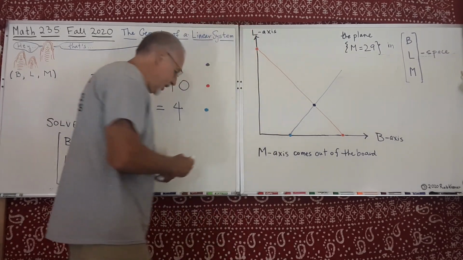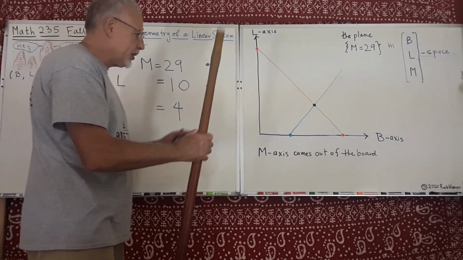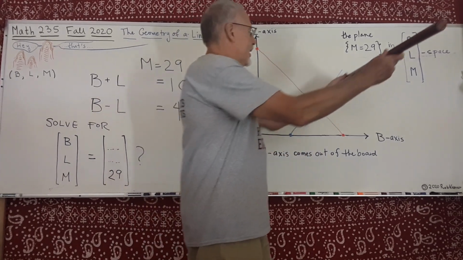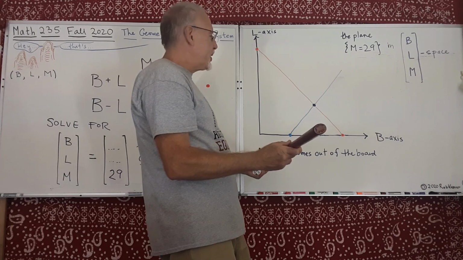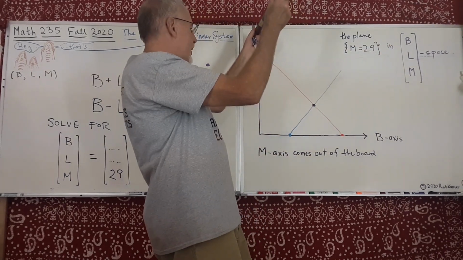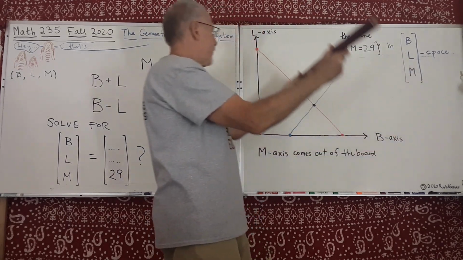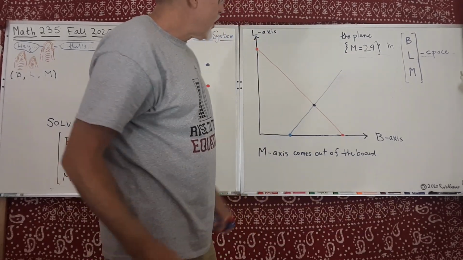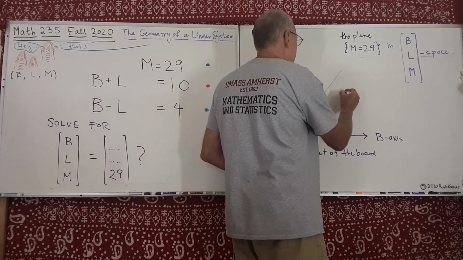So I said planes. Well, this line in the m equals 29 plane really is the plane that comes out from the board towards you and includes this line, so that one. And this line here, b plus l equals 10, is this plane. So I have three planes intersecting, and here's the solution.